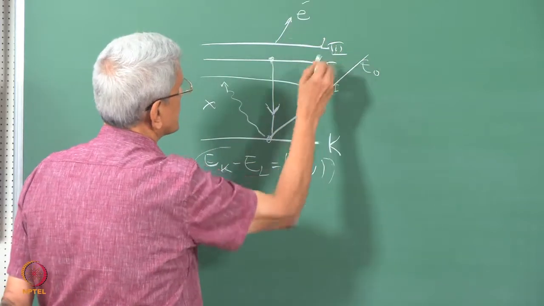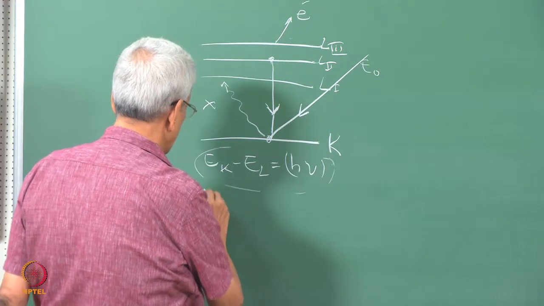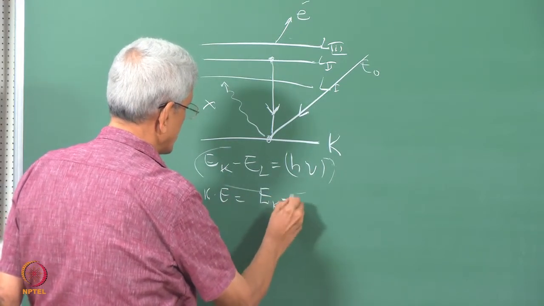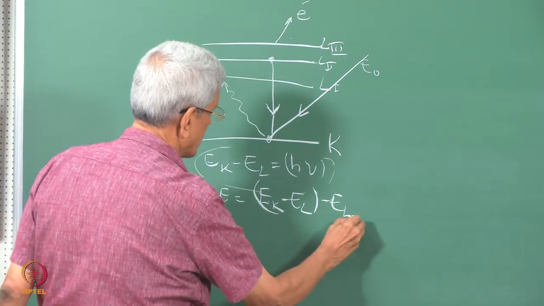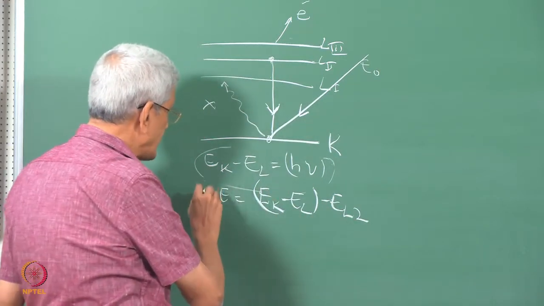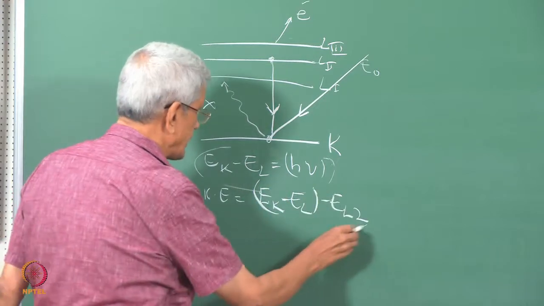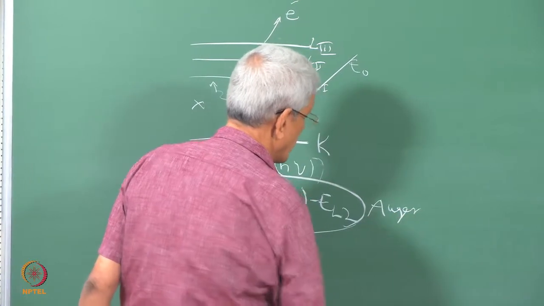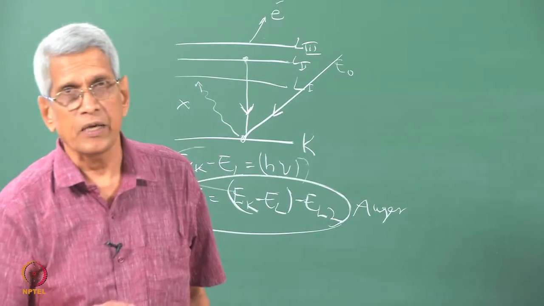Suppose the binding energy of this electron is L2, then the kinetic energy of the electron which comes out will be Ek minus El minus L2. So, the kinetic energy of the Auger electron depends upon the various energy levels. The kinetic energy of Auger electrons is also characteristic of the particular element from which this emission is taking place.